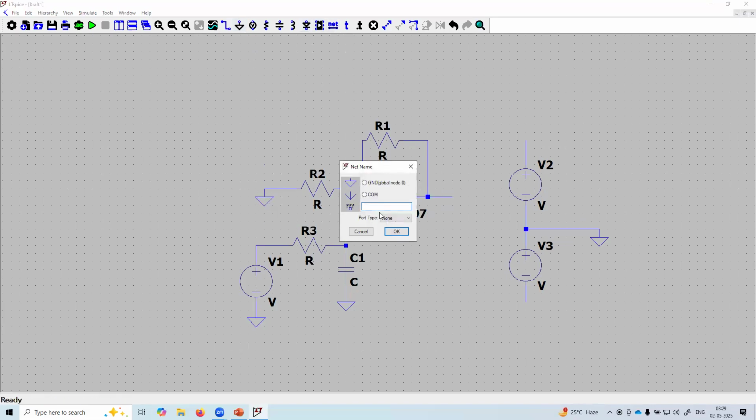Now I have to label the nodes because I want my circuit to look clear.